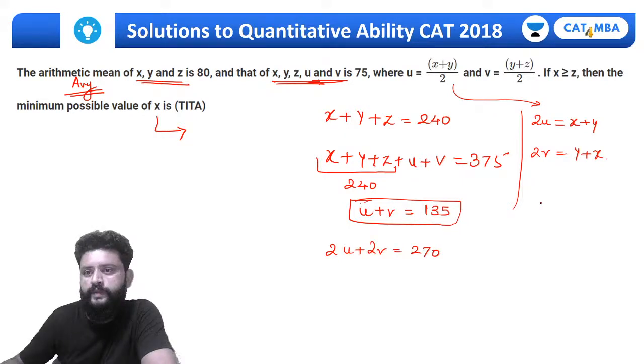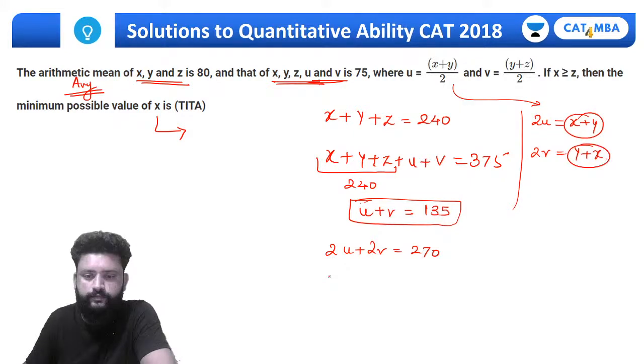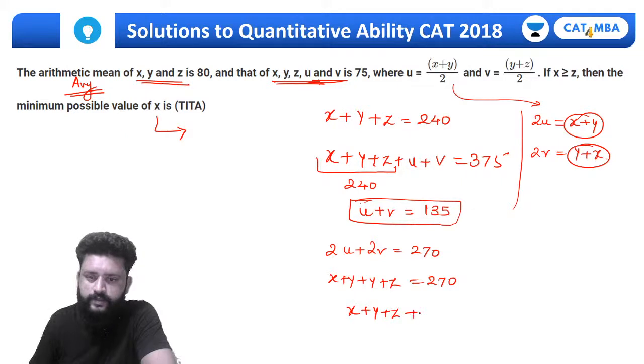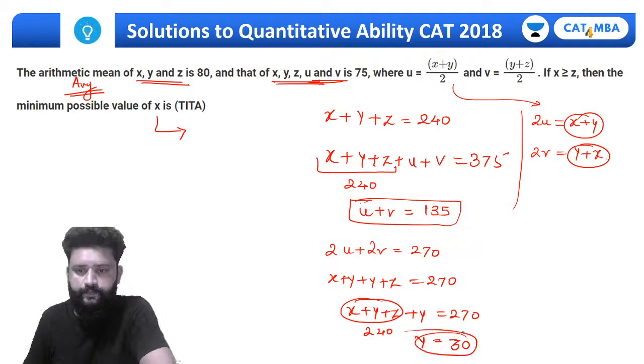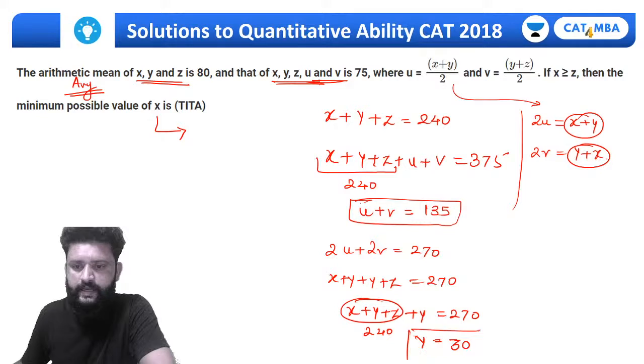I'll just put the values x plus y and y plus z, x plus y plus y plus z must be equal to 270. I write this as x plus y plus z plus y equals 270. We know x plus y plus z is 240. So I get y as 30. So first thing I'm getting y as 30.